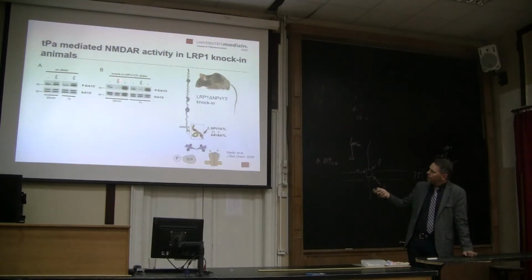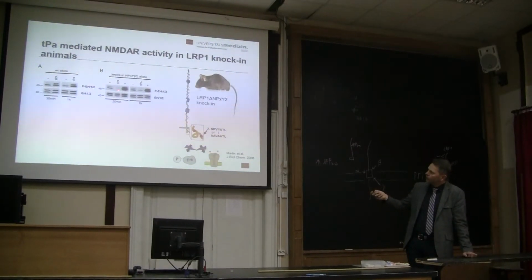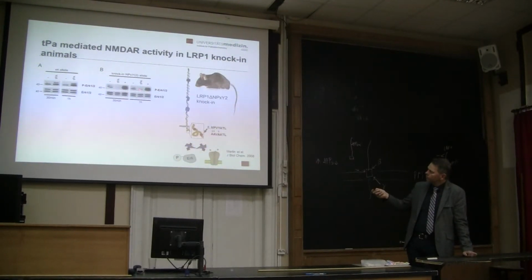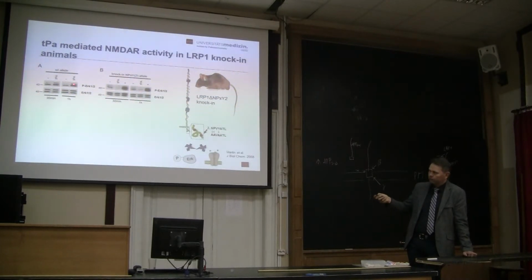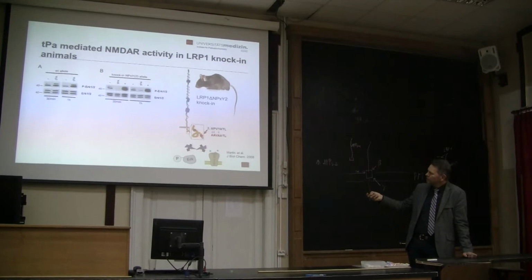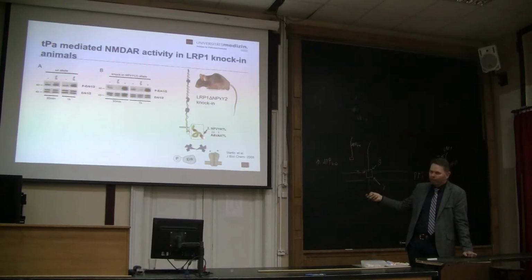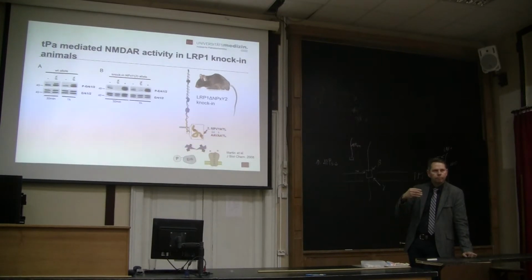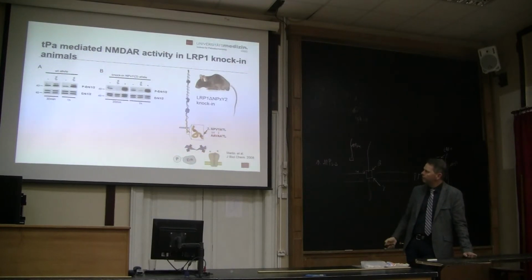And in the knock-in, you see much less activation here. Even after 1 hour, you have a little activation, but much less than in the wild types. So somehow, this NPXY domain plays a role in the mediation of the signal of TPA through LRP to the NMDA receptor.